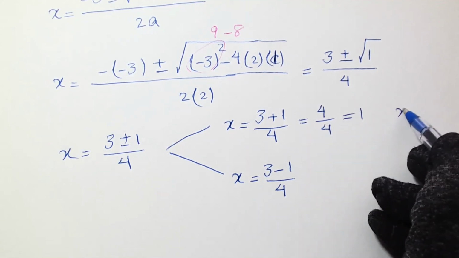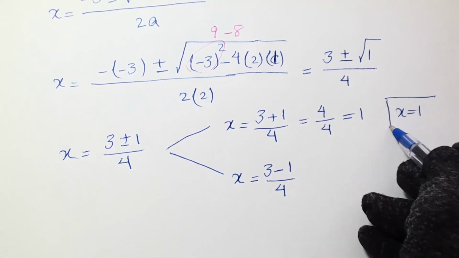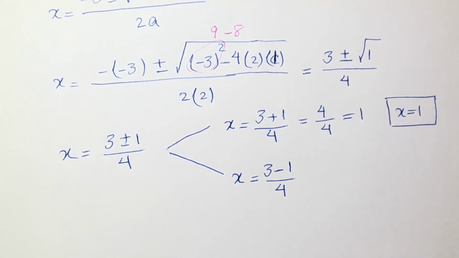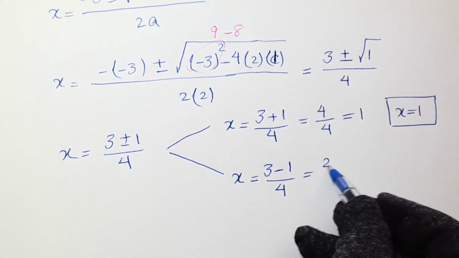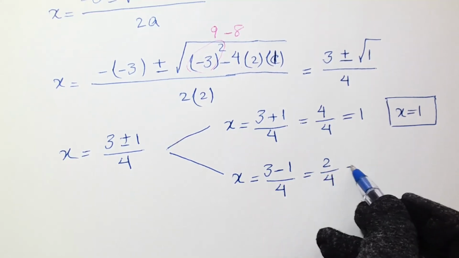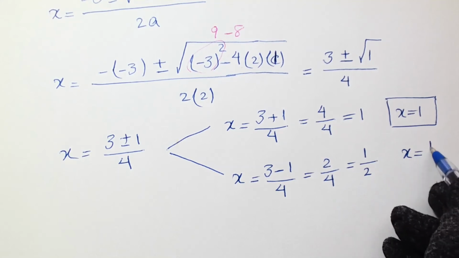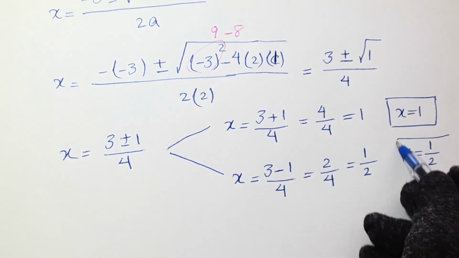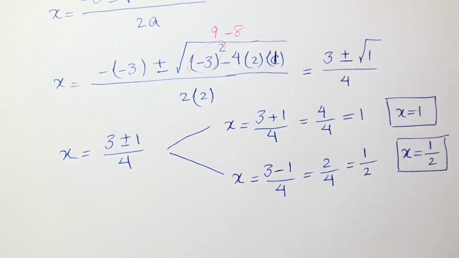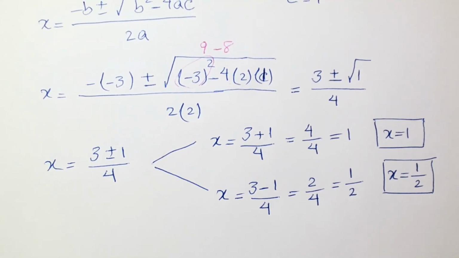So that means one of the solutions is 1. 3 minus 1 is 2. 2 divided by 4, if you simplify, is 1 over 2. So the second solution is 1 over 2. We solved this equation using the quadratic formula.